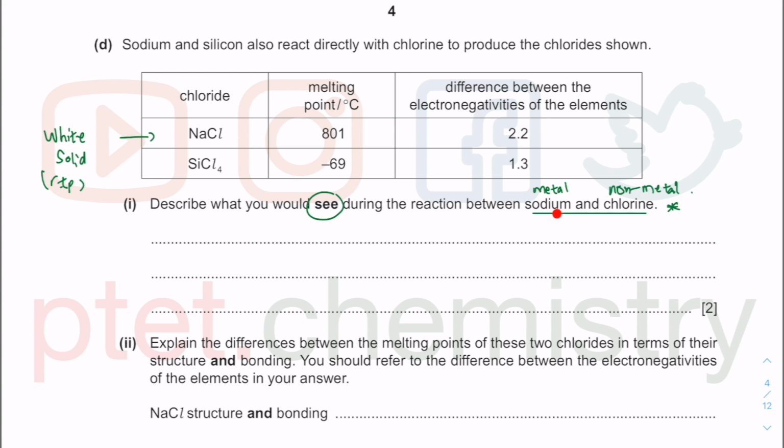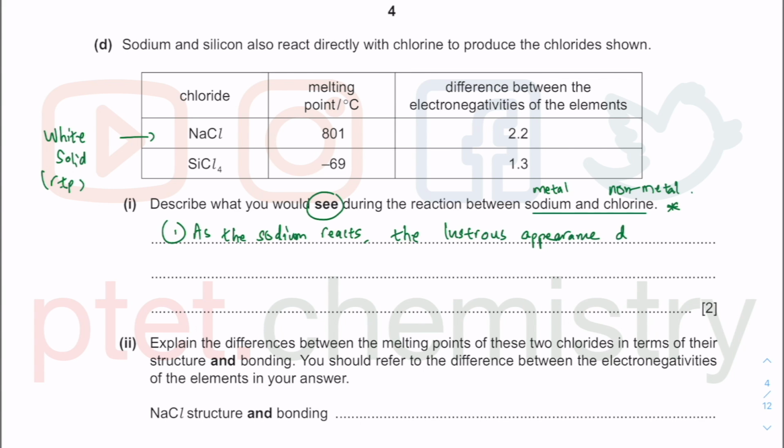I think they call it lustrous, but the lustrous appearance of the alkali metal will disappear as the sodium reacts. So what we could say is, the lustrous, I think that's the correct adjective, the lustrous shiny appearance from the freshly cut sodium will disappear.